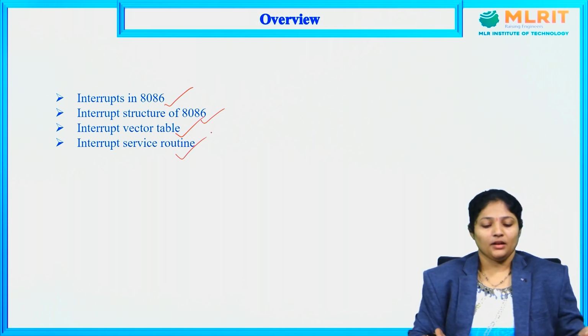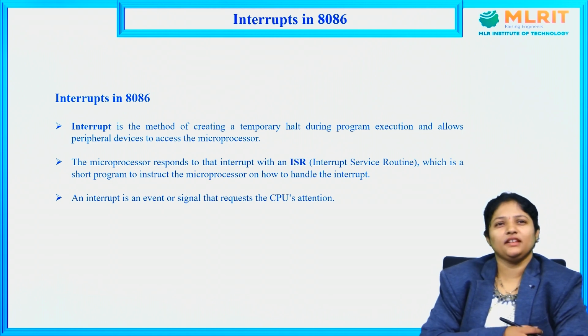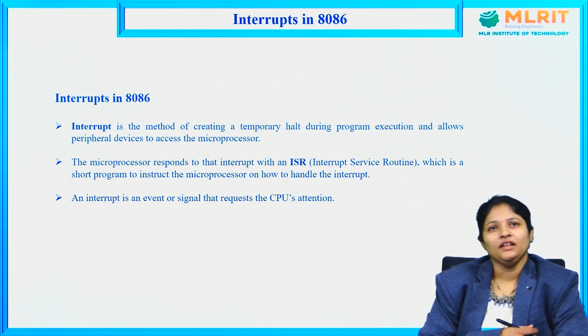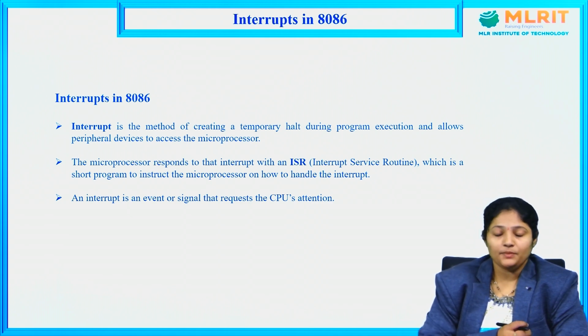So, coming to the topics here, interrupts. What is an interrupt? As you all know, an interrupt is a disturbance that occurs for the program or within the program or by external devices. So interrupts can occur in many ways.